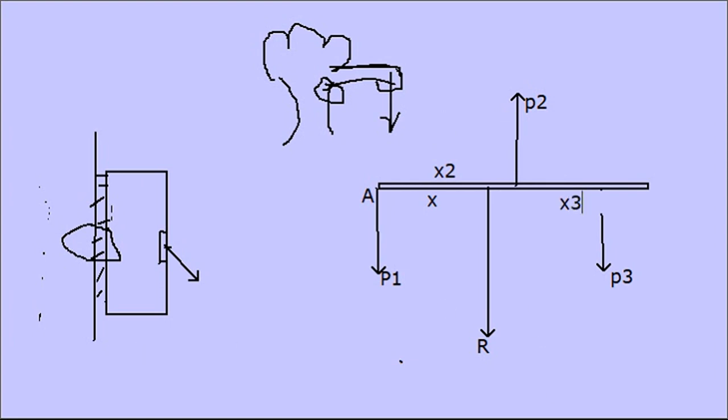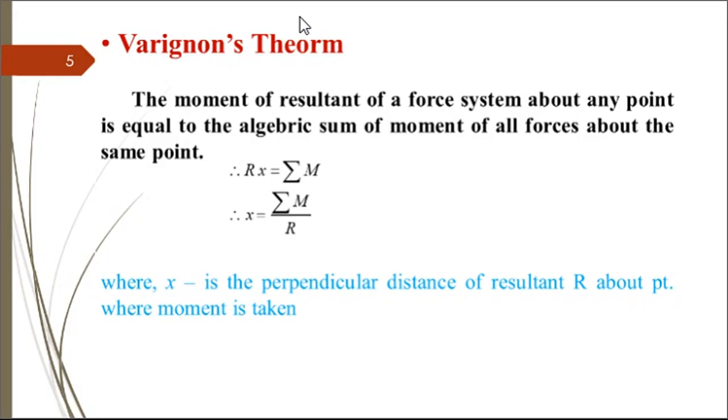So the algebraic summation of all these three, P1 x1 plus P2 x2 plus P3 x3, is equal to R multiplied by x, and the moments of all the forces are considered about point A, which is called Varignon's theorem. That is, the moment of the resultant of a force system about any point is equal to the algebraic sum of moments of all forces about the same point.